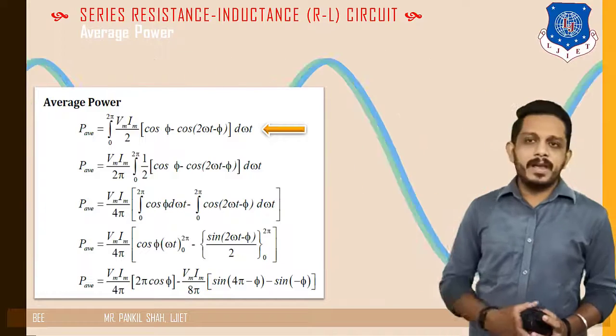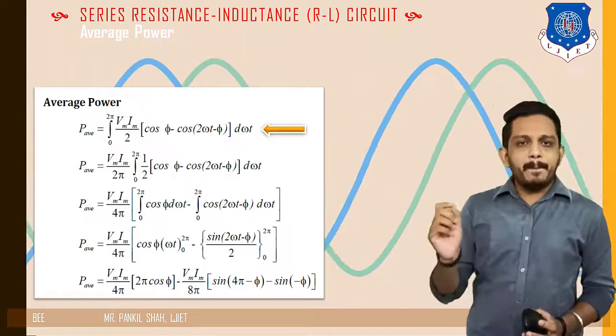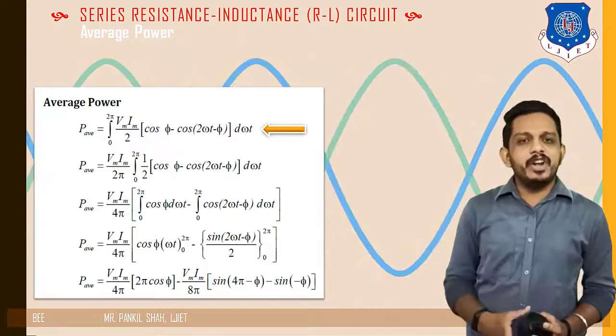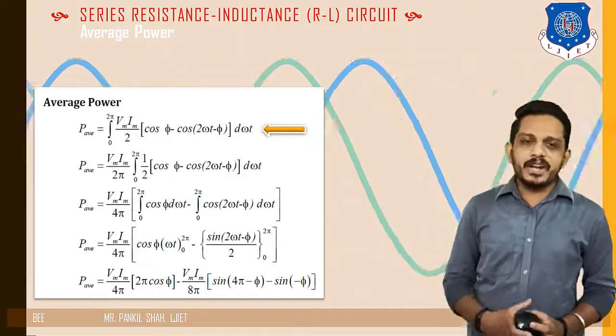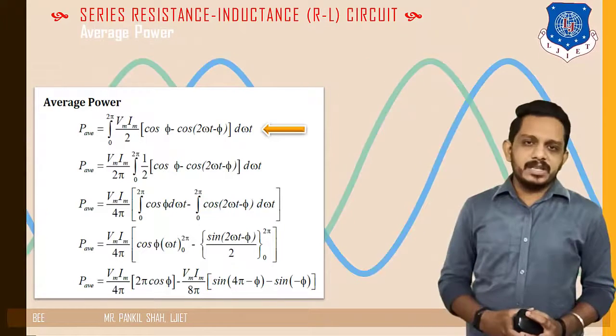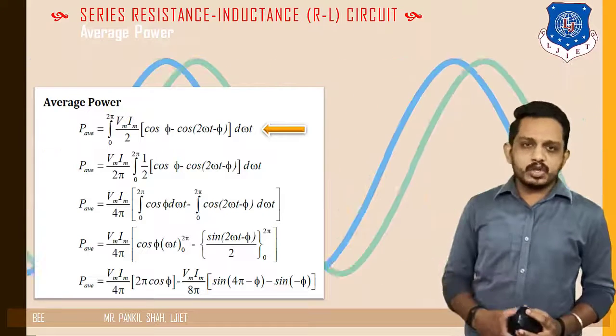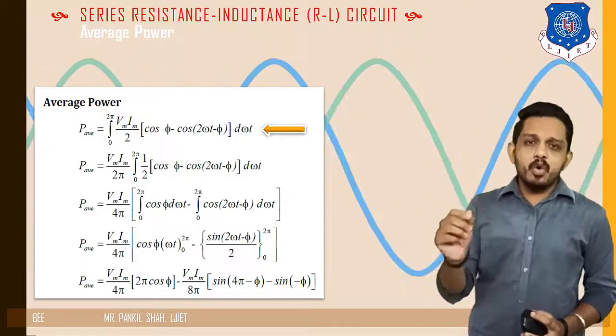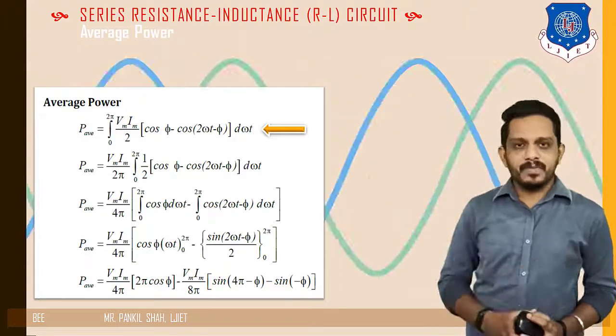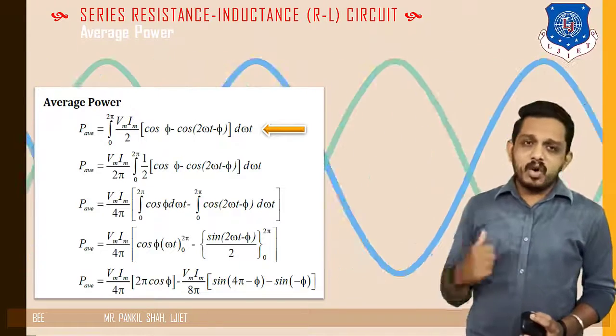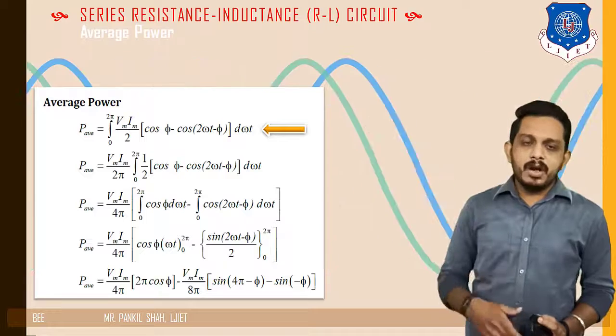So the equation will be the integration from 0 to 2 pi of P instantaneous with respect to d omega t, or you can say theta. The equation of P instantaneous is Vm Im by 2 times (cos phi minus cos(2 omega t minus phi)). Here the constant terms are Vm Im by 2 upon 2 pi.